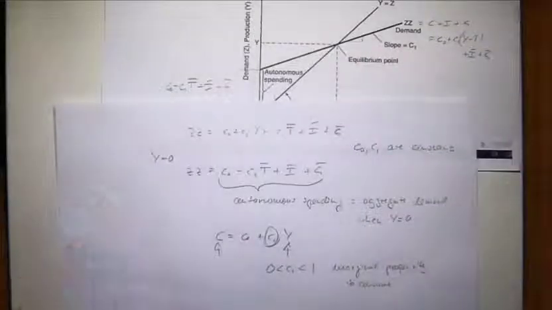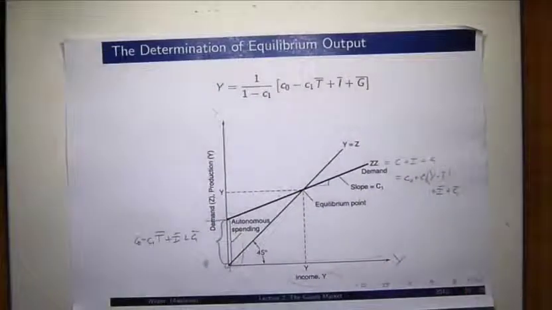So the slope of this curve is simply C1. This is less than 1. And that's a good thing in the sense that we will find an equilibrium where these two things are the same.